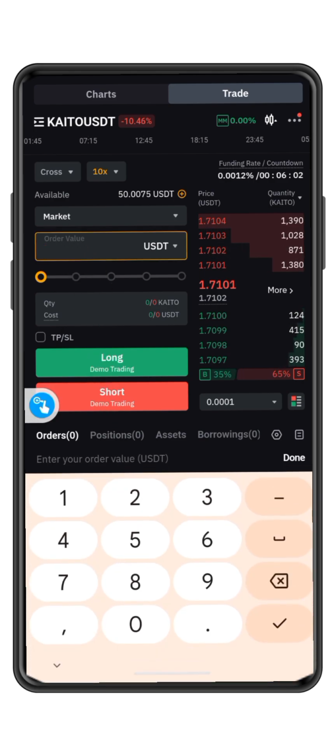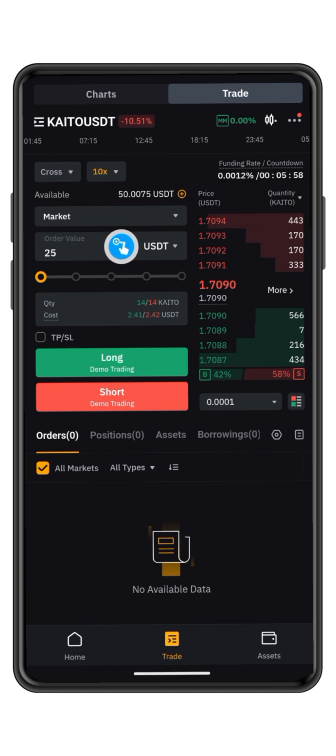So there's this thing that Bybit normally does. If you put an amount, remember this is my position size. Whatever you put in here is a position size. If you put a position size that is not from $5 and above, you will not be allowed to open the trade.